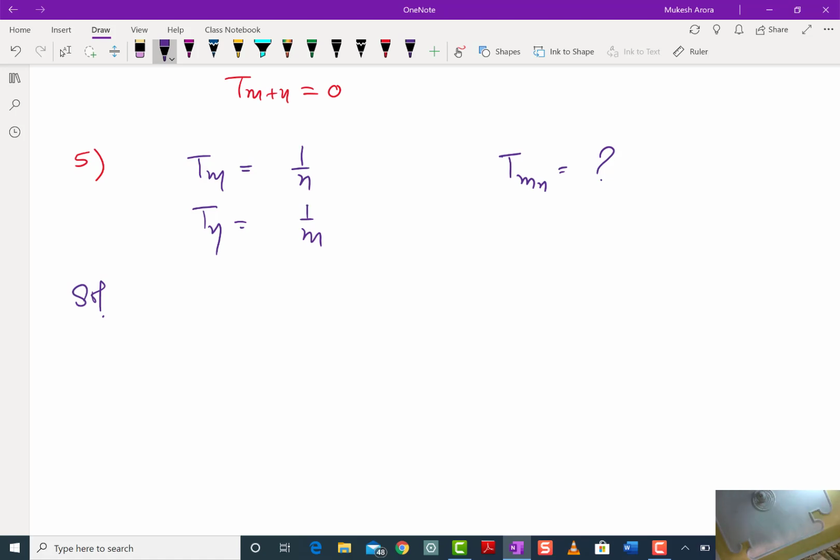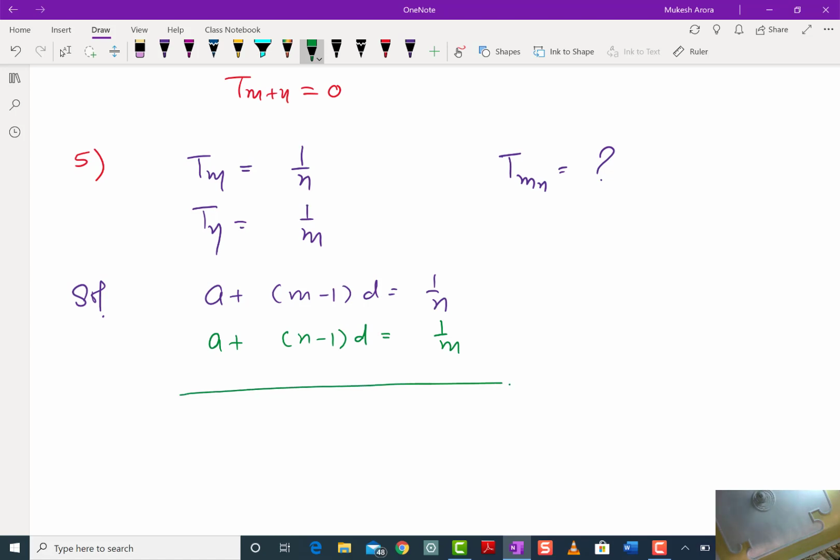First let's write. Don't be afraid of the sum. Don't be scared of what is given. It's a normal sum. You just read it. Meaning of mth term, a plus m minus 1 d is equal to 1 by n. Meaning of nth term, a plus n minus 1 d is equal to 1 by m.